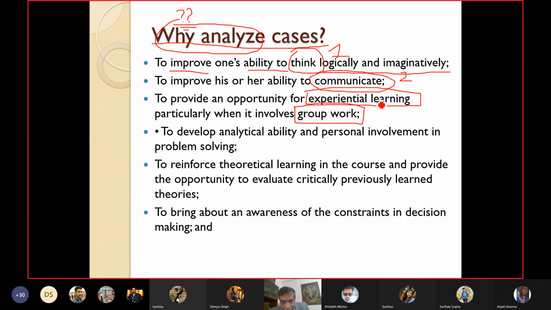It provides an opportunity for experiential learning. What is experiential learning? Learning by doing. So when you analyze a case study, every student is part of a case study and they learn through experience. That is what is called experiential learning. And very importantly, every case has a reference of group work.